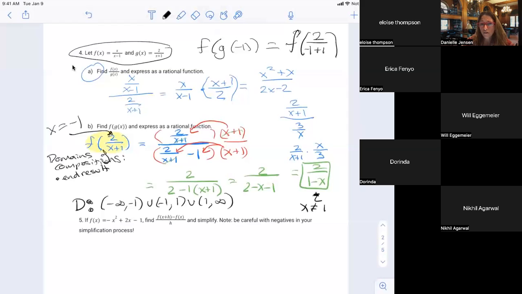But the domain of the outer function, the f function, doesn't matter unless it's the same as the end result function, which it happened to be in this case. Normally the domain of the outer function just doesn't come into play because the outer function is being changed by that inner function. So just remember, look at the end result domain and look at the inner function domain, because you have to consider both of those.